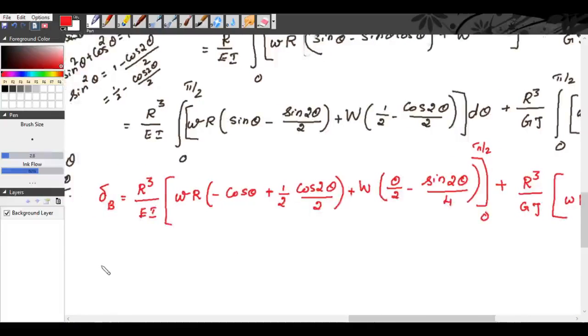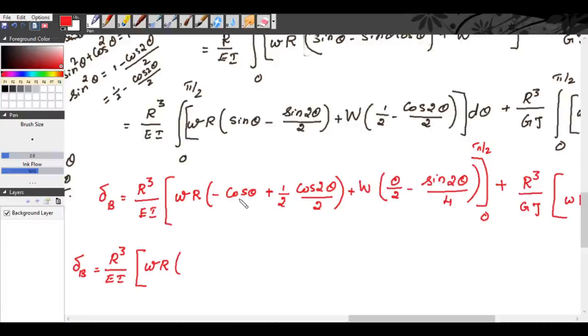So what we get is delta B equal to R cube by EI multiplied by WR into cos pi by 2. That is cos 90.